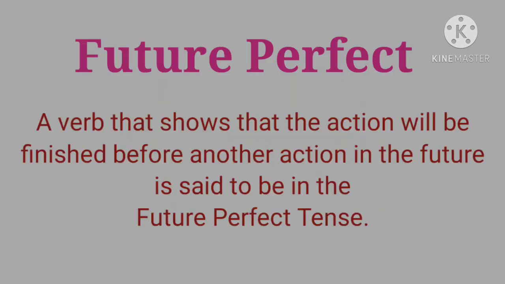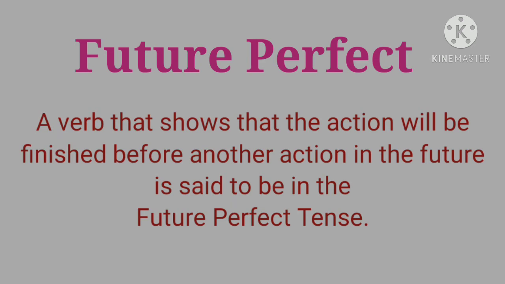So now let us learn about the future perfect. A verb that shows that the action will be finished before another action in the future is said to be in the future perfect tense.